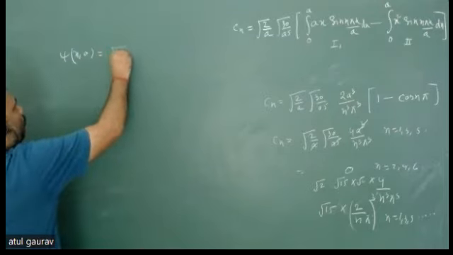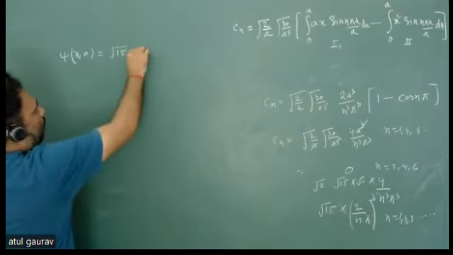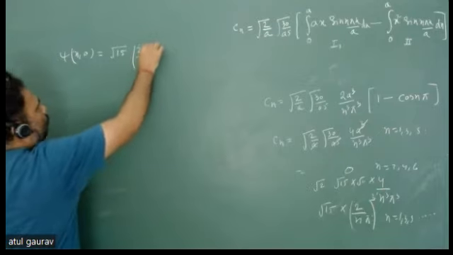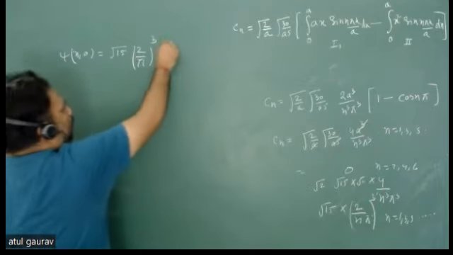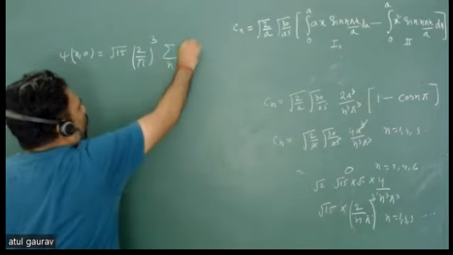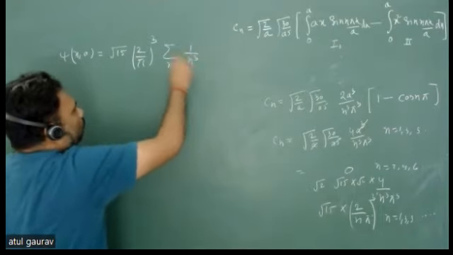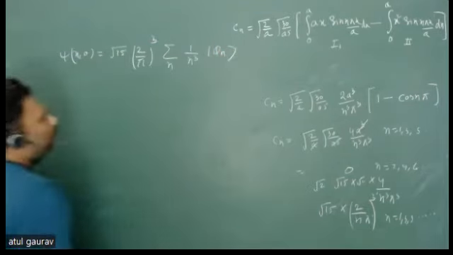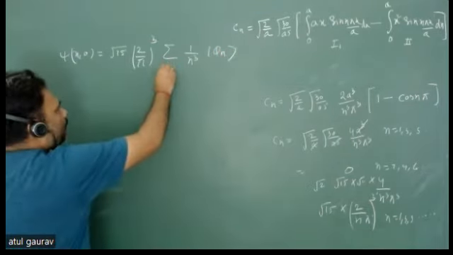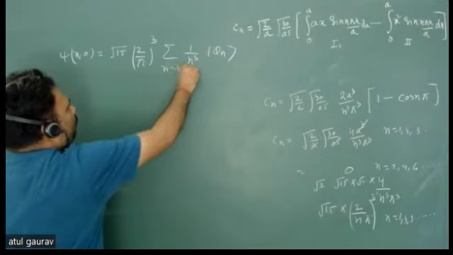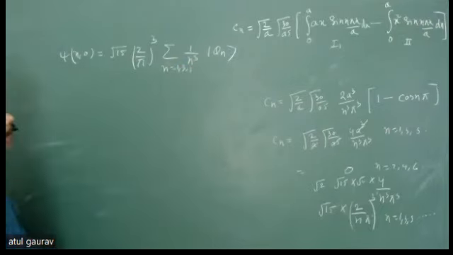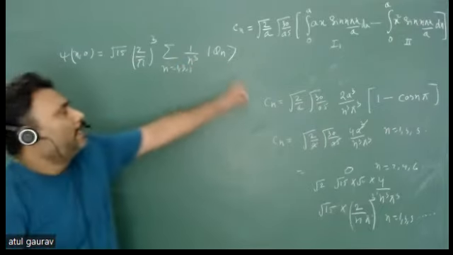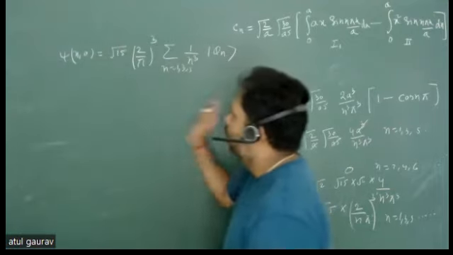So root under 15 and (2 upon pi) whole cube outside, and summation over n of 1 upon n cube, and this value is equal to phi n, isn't it? And what is the value of n? 1, 3, 5 and so on. Odd values of n are there. So this is my psi x0.